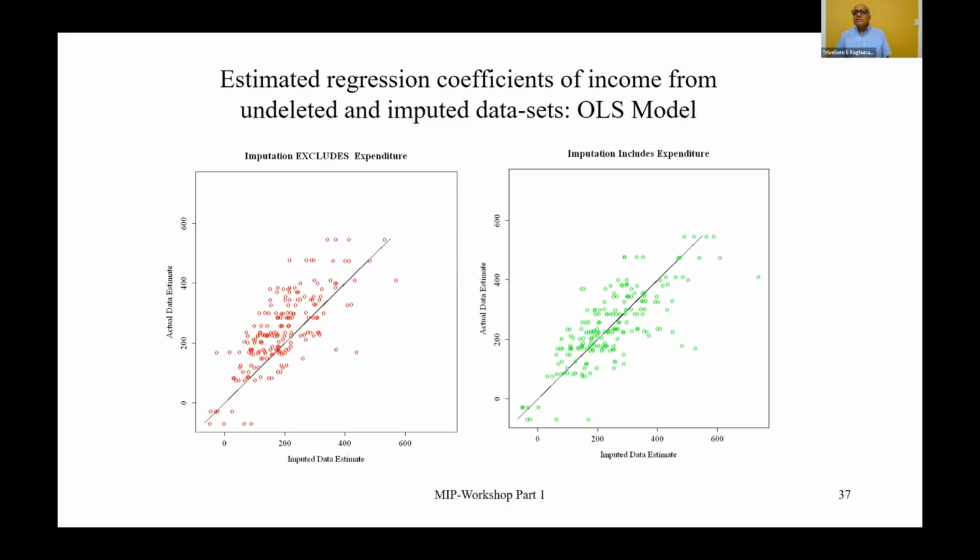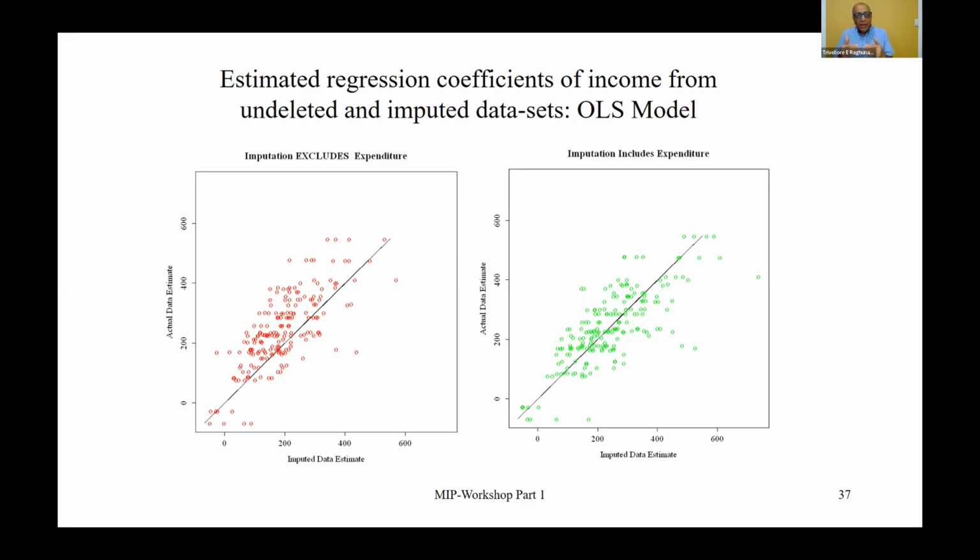The reason is obvious, right? If you don't include expenditure in the model for imputation, that means among the imputed values, you are assuming zero correlation or zero partial correlation, conditioning on the covariates. So the imputed values are going to be biased towards the null.